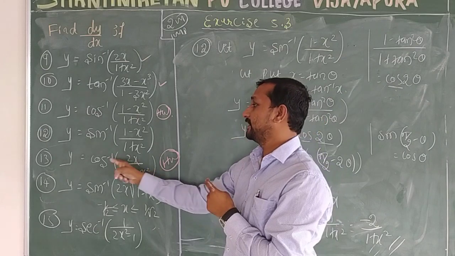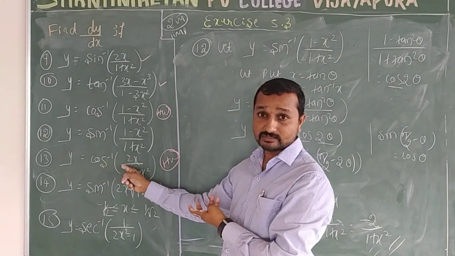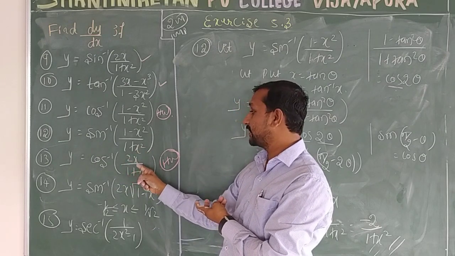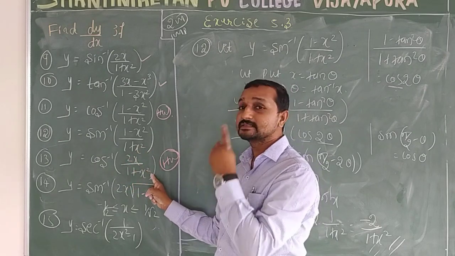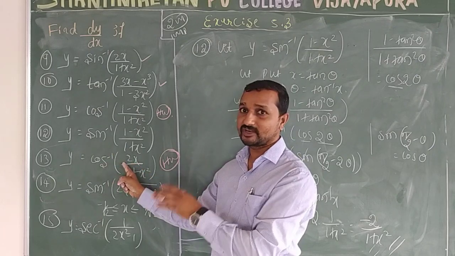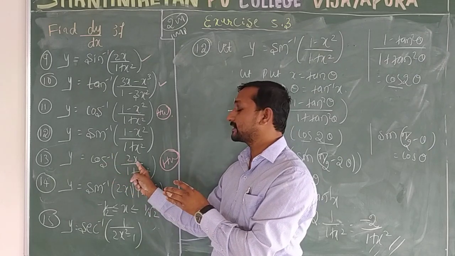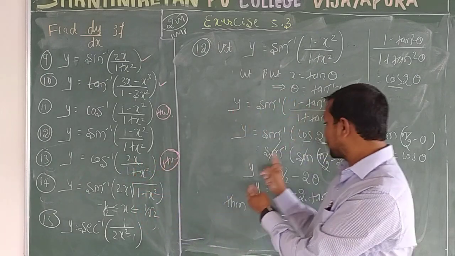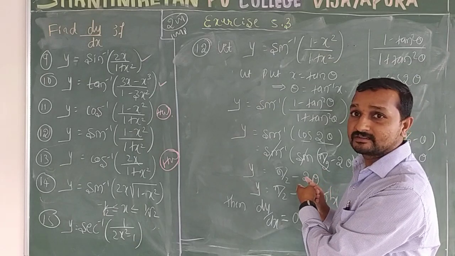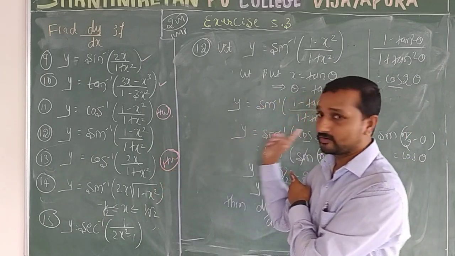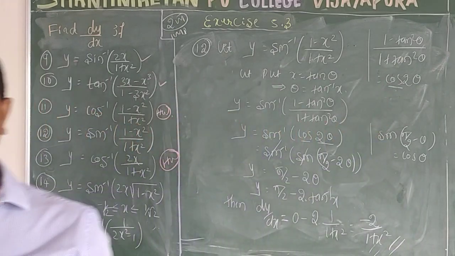Remember that, students? Here cos inverse is there, this is not a cos formula, so put x equal to tan theta. 2 tan theta divided by 1 plus tan square theta is the sin 2 theta formula. Cos inverse and sin do not cancel, so sin 2 theta can be converted into cos, that is cos of 90 minus like that. So this is also your example. Write this example fast.